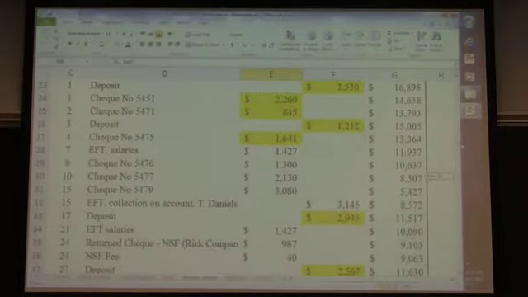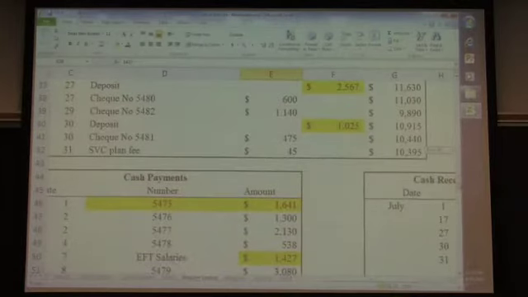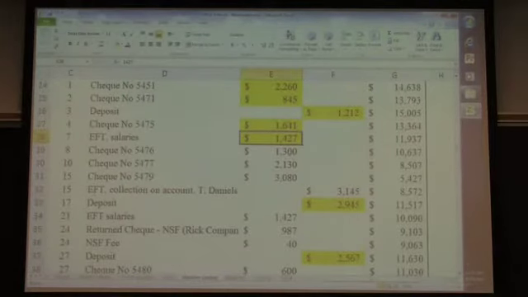And then we also have the 1641, which is check number 5475, which is what we have crossed off, and 5476 of $1,300.